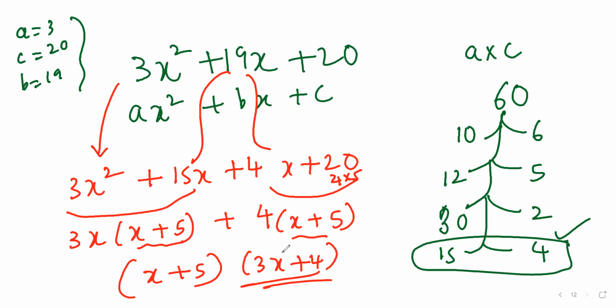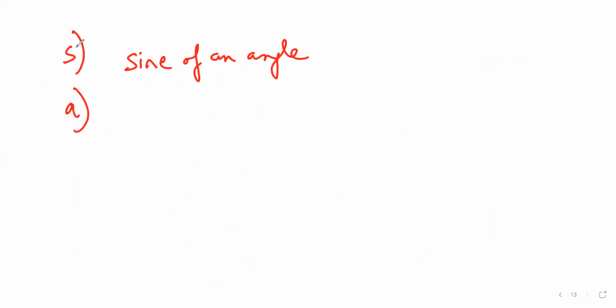In MCQs, you just have to report the correct answer. Suppose you're solving an MCQ. All right, let us say this is the 5th question, for example, and I'm saying: sine of an angle is always, option A, greater than 1.